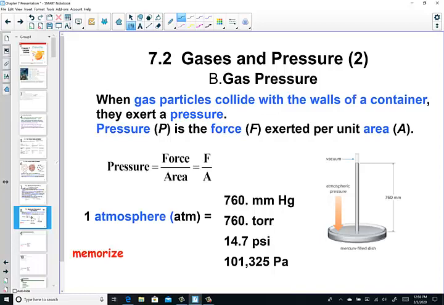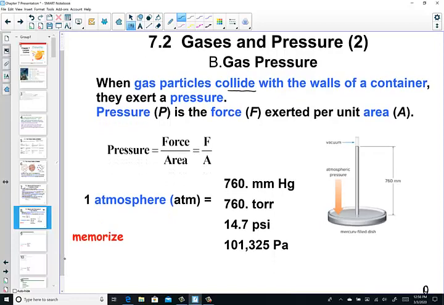We're going to define pressure as a result of collisions with the walls of the container. Every time a gas particle hits the side of the container, it exerts a certain force per unit area. And this is our true definition, as a physical quantity. Pressure is defined as force per unit area.